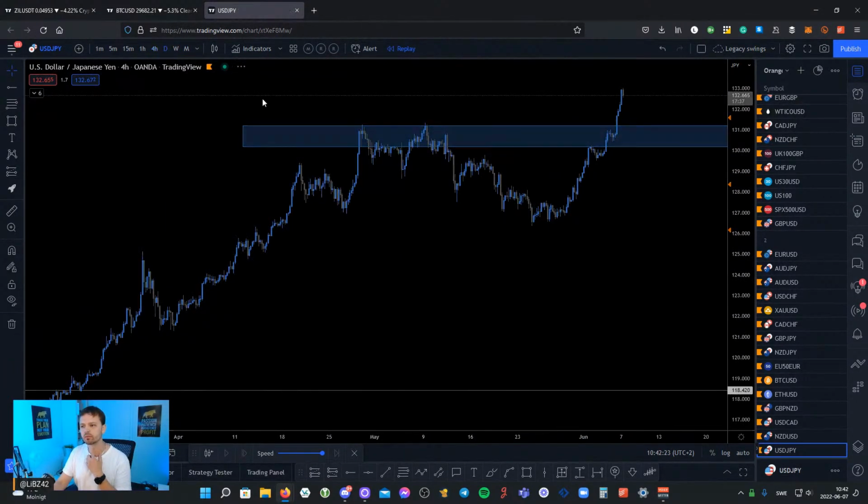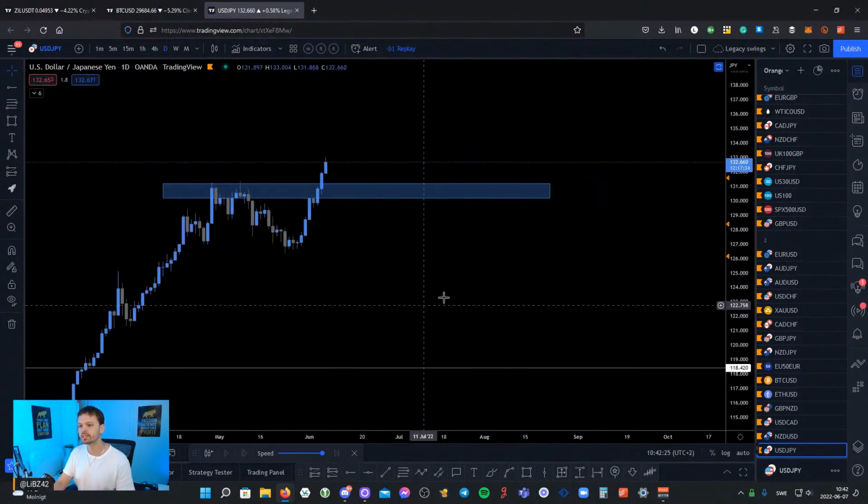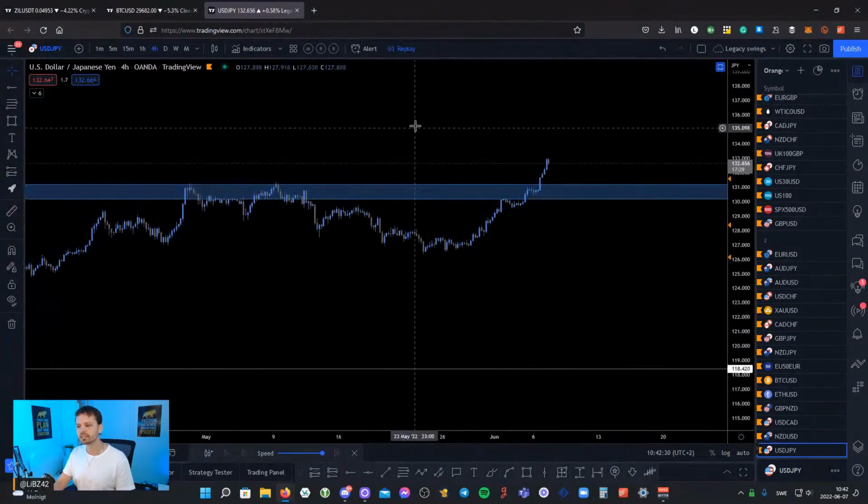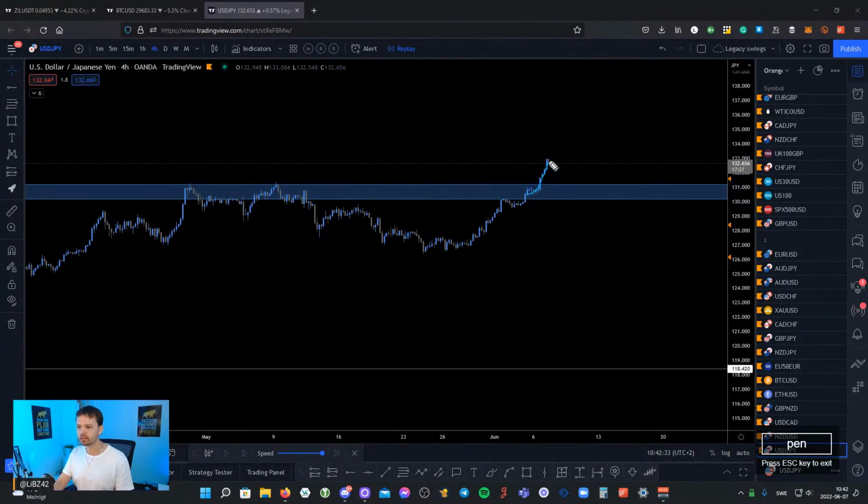Well, it's quite simple, right? Look at the daily. All this is a break and retest, right? Which is, probably 95% of all trading systems out there are some type of system based on horizontal support and resistance, whether it be a trend following system or a range trading system.